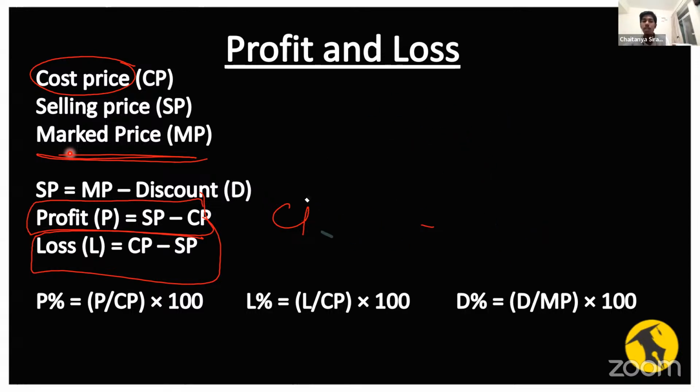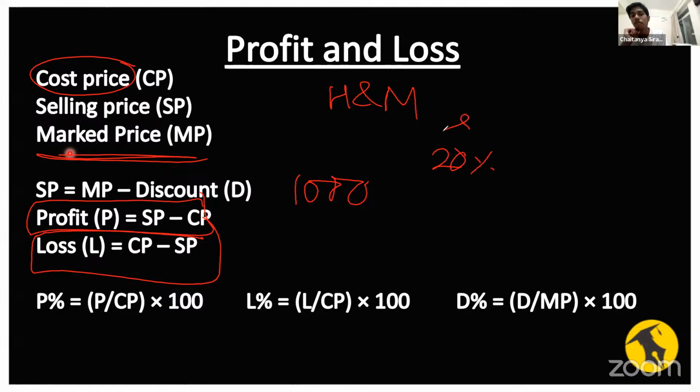Now let's say you go to buy some clothes. You will always find there's some value written on a tag, and then they'll provide you a discount. Let's say H&M is selling a t-shirt, and the t-shirt says 1,000 rupees on it. But the shopkeeper or the company decides to give a 20% off sale.